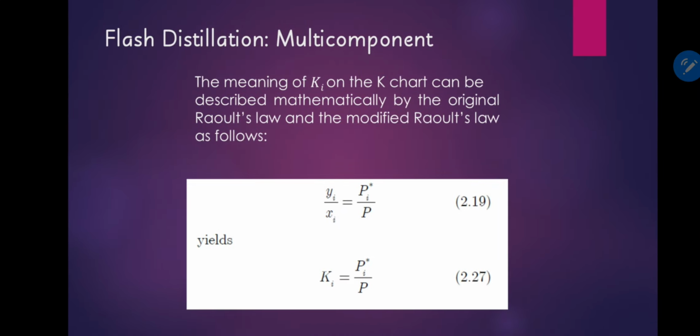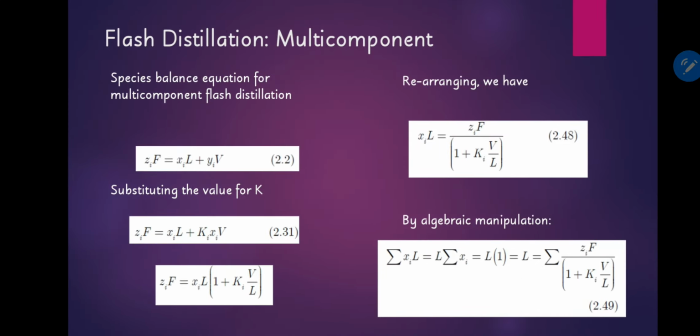The meaning of Ki on the K chart can be described mathematically by Raoult's law and the modified Raoult's law as follows. Yi over Xi is equal to the saturated vapor pressure of i over P. It yields Ki equal to the saturated vapor pressure of species i over the total pressure. The species balance for multi-component distillation is the same: ziF is equal to xiL plus yiV.